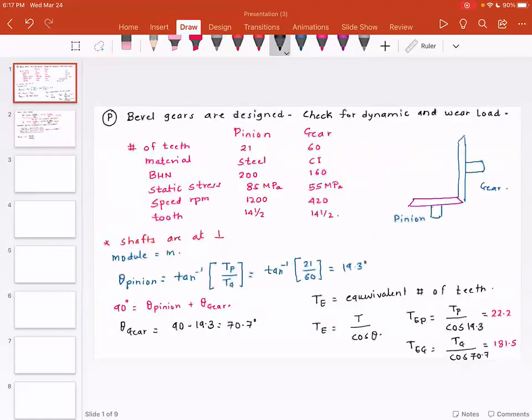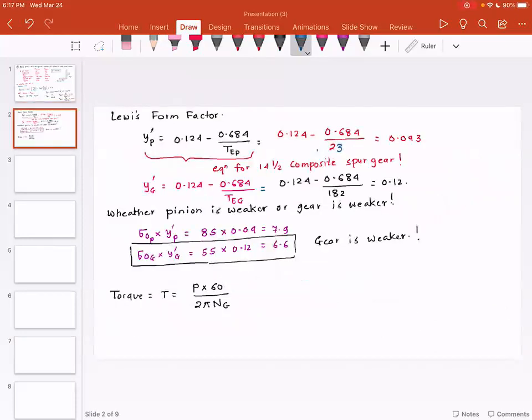One thing I forgot to mention here is that the power to be transmitted is 9 kilowatts.